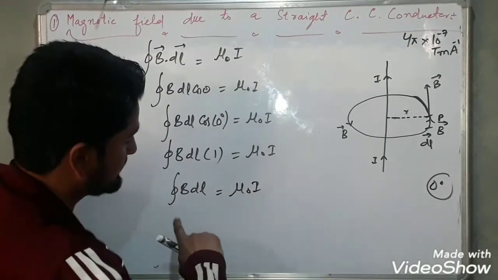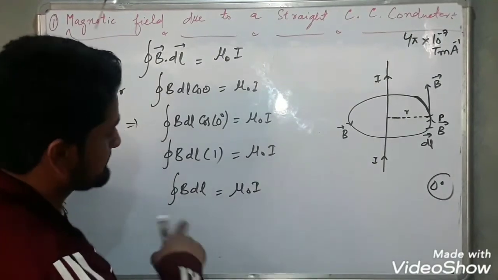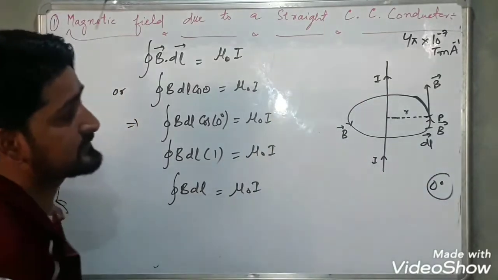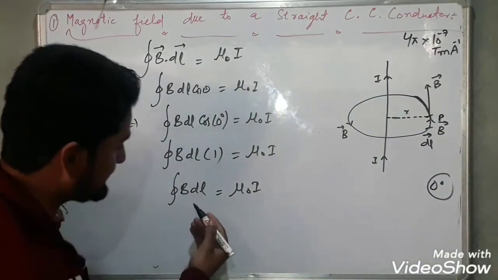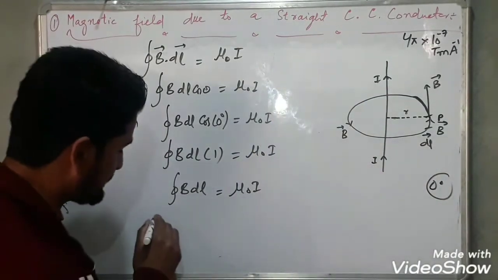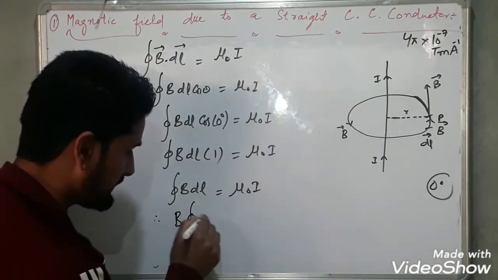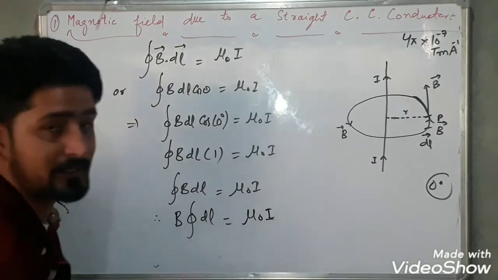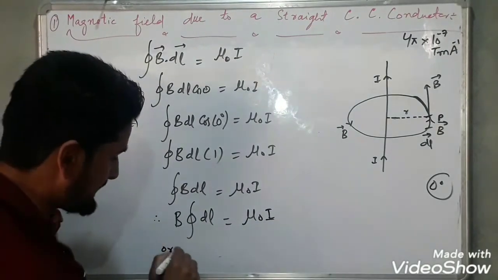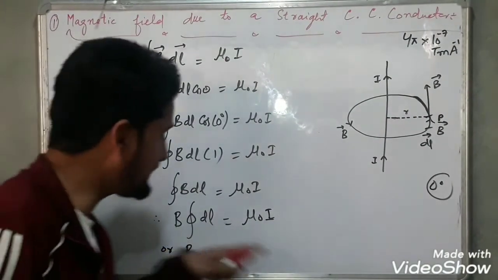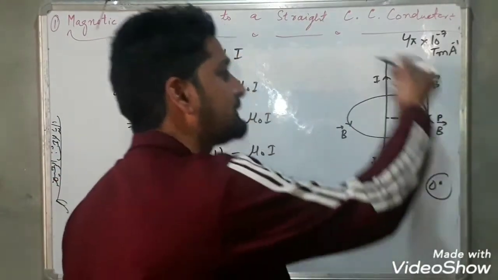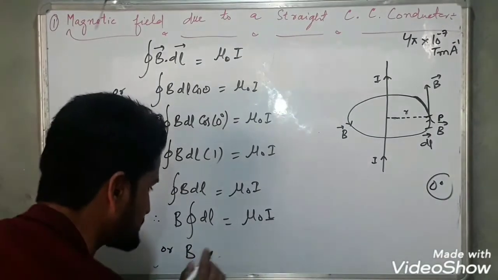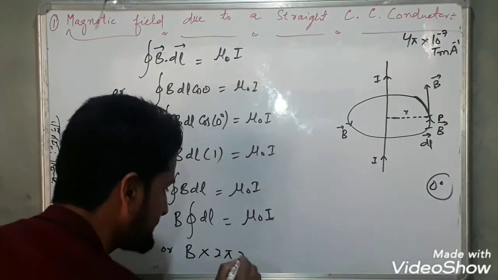And we know that this B, the magnetic field at any point on the path, is constant. You can take this B out of the integral, therefore you can write B into the integral of dl equal to mu naught times current I. What is the integral of dl? It is the total length of this path, the circumference, equal to 2 pi r.